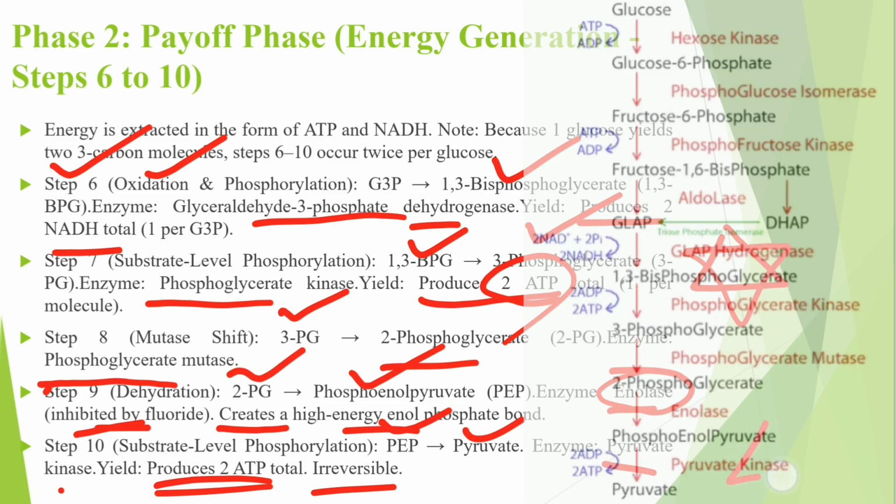So in total, in 2 steps, 4 ATPs are released. We get 4 ATPs, but as 2 ATPs are utilized during the preparatory phase, the net ATP gain is 2 ATP and 2 NADH.